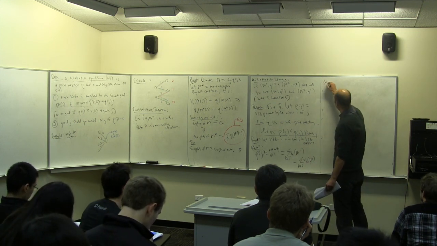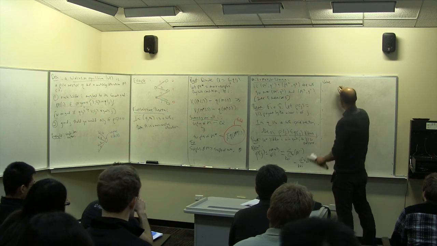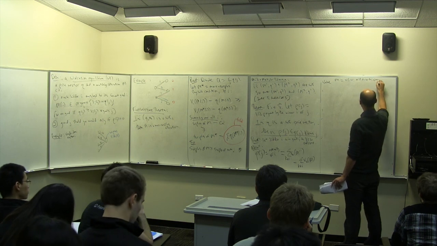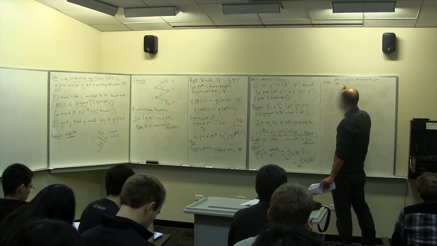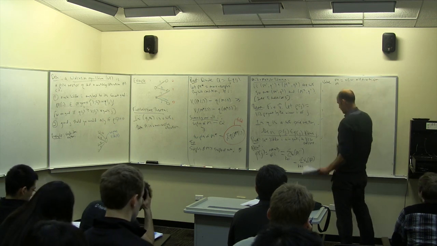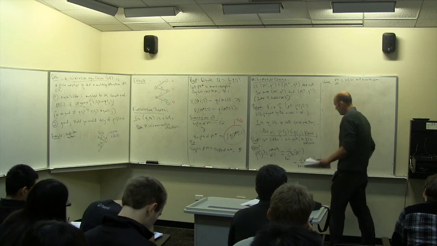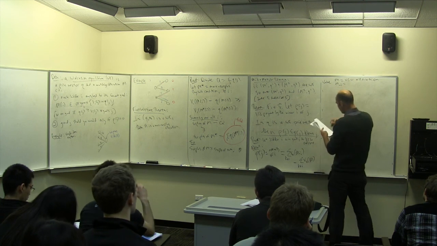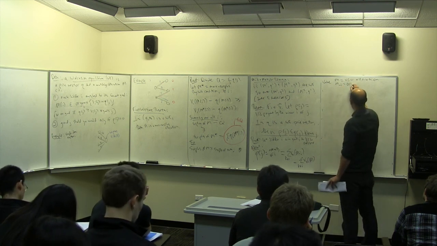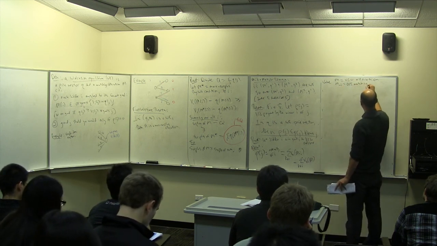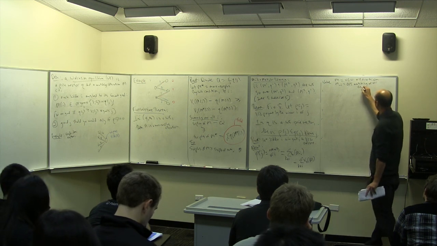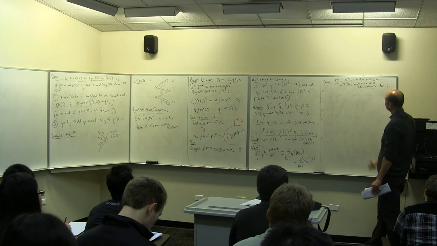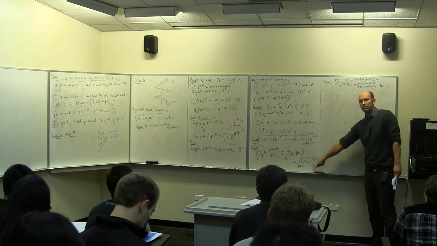Where M is the VCG allocation, the one maximizing surplus for everybody, and M minus I equals the optimal matching after deleting bidder I. Can everyone read this?